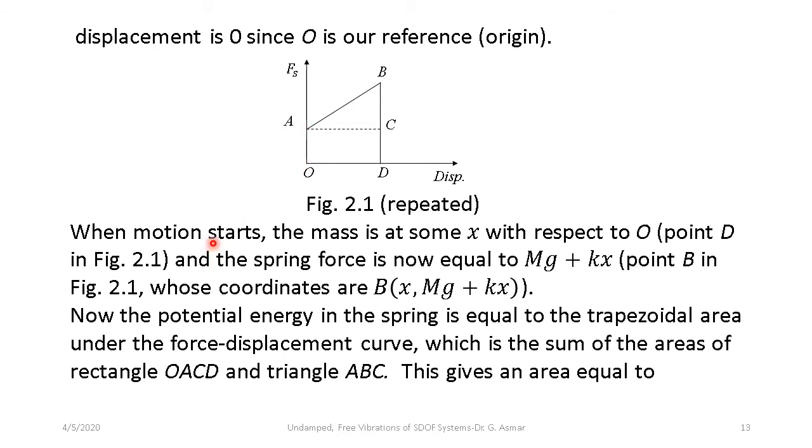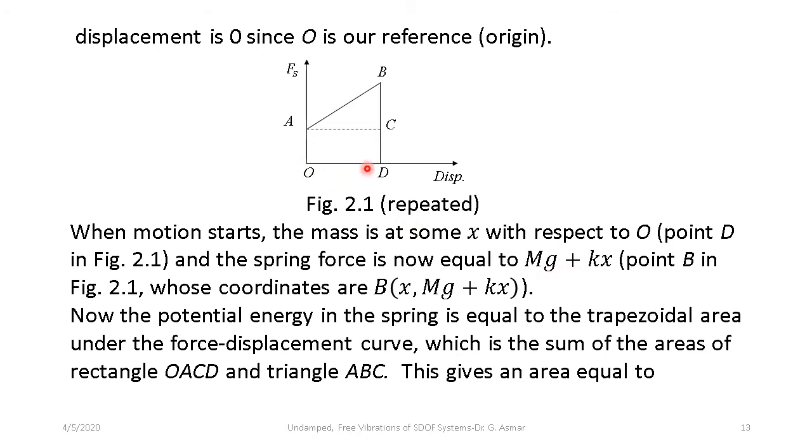Now when motion starts, the mass is at some x with respect to O. The displacement is x, therefore from O to D is x. And the spring force is now equal to mg plus kx.